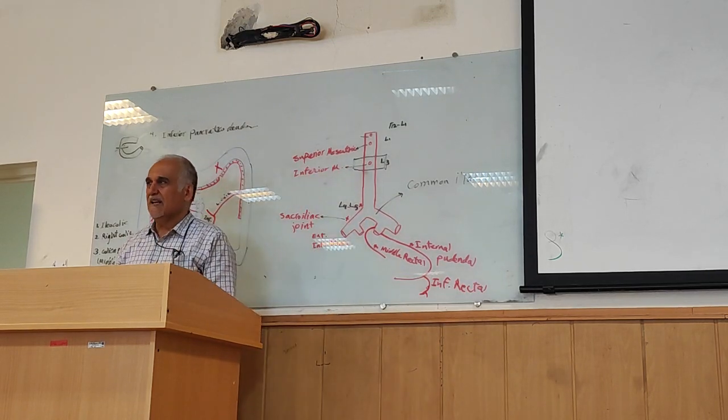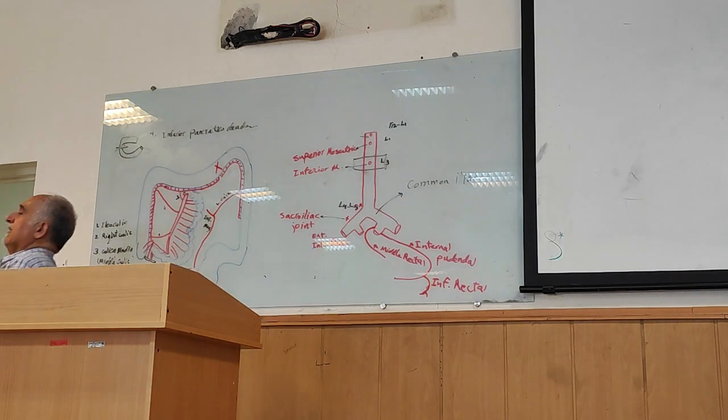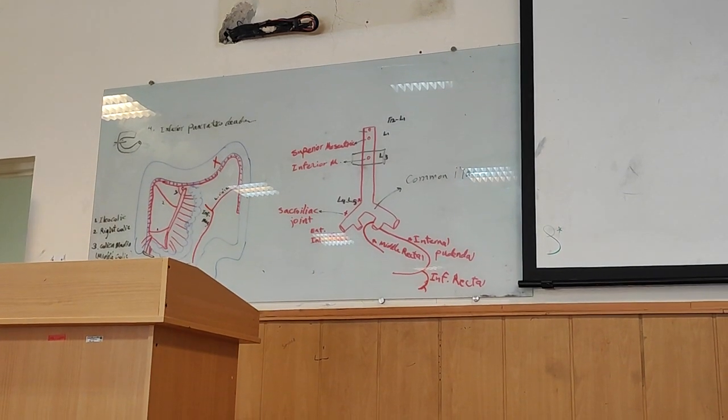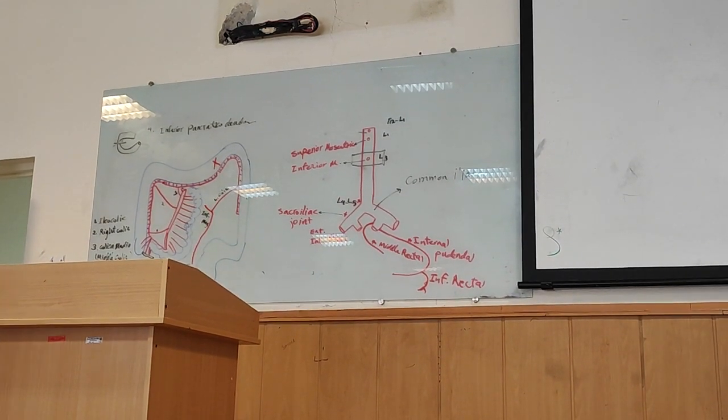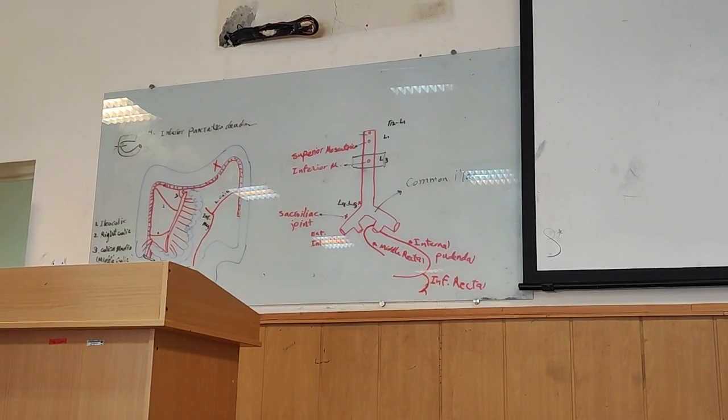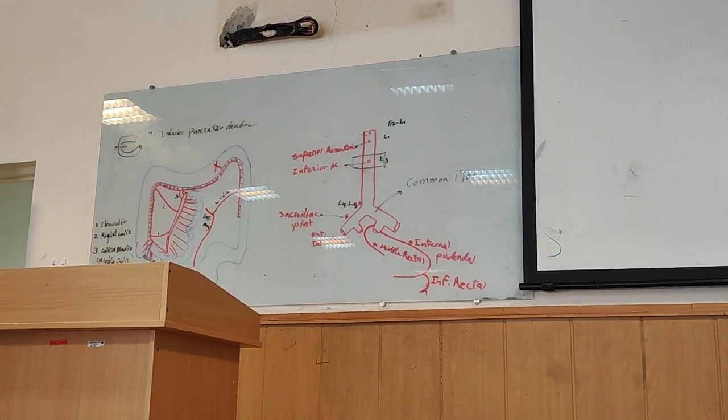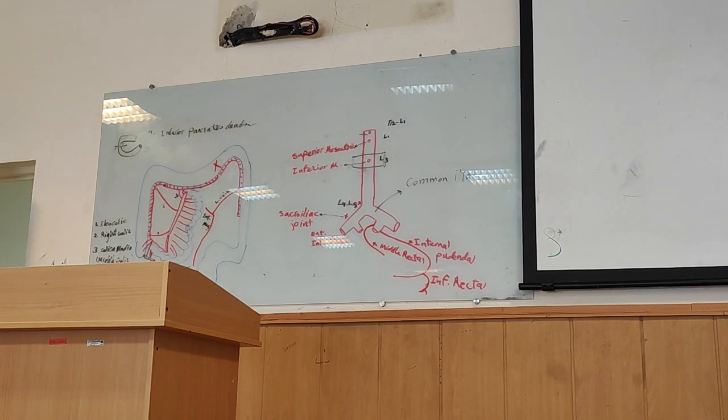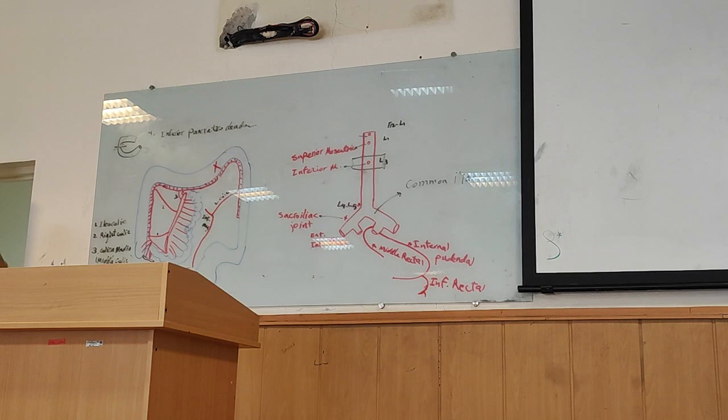Am I right? Yes. So from the internal iliac separate two branches that are related to our discussion. One of them is middle rectal, another one is internal pudendal.